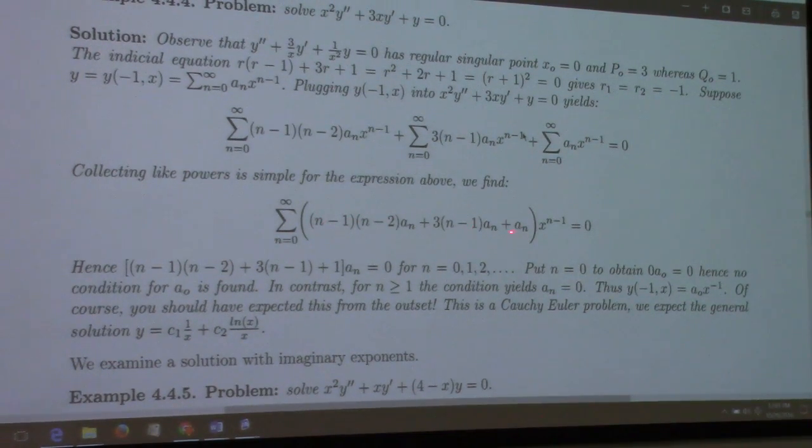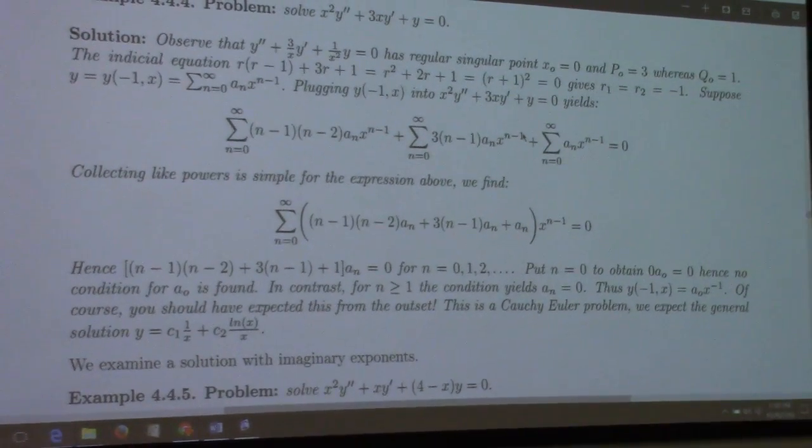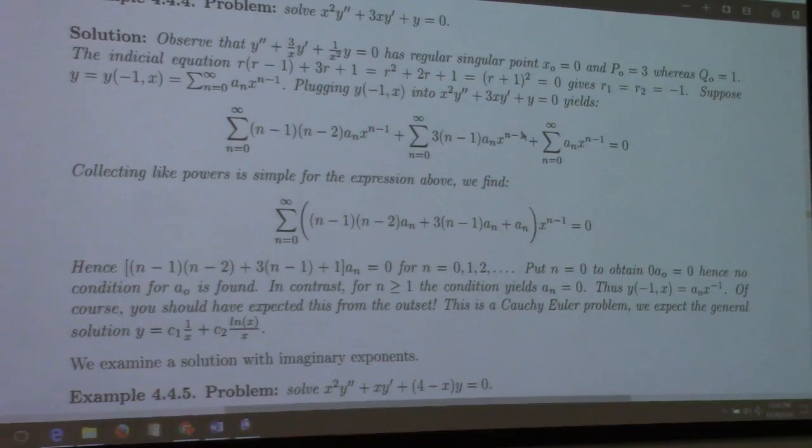That's 0, but what's this? This is a sub 1. So n equals 1 gives me a sub 1 is equal to 0. When you plug in 2, this is like some number times a sub 2 equal to 0. So you get a1 equal to 0, a2 equal to 0, a3 equal to 0, a4 equal to 0, and so forth and so on forever and ever. The only thing that survives in the whole Frobenius solution is the a sub 0 term.